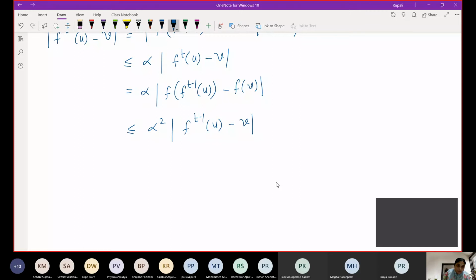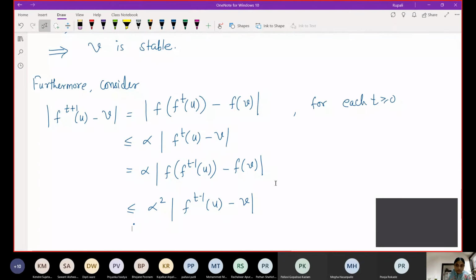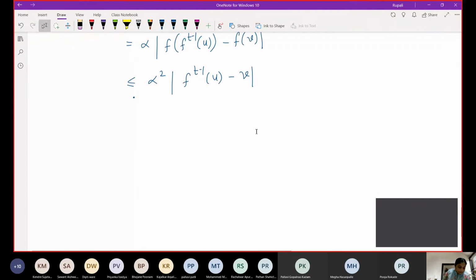Now if I go on continuing, for each t greater than or equal to 0 and u belongs to I, by induction, if I go on repeating this, we will get alpha raised to t mod of u minus v.